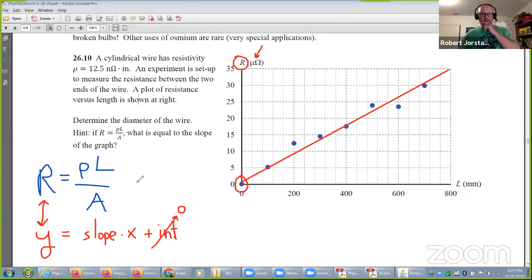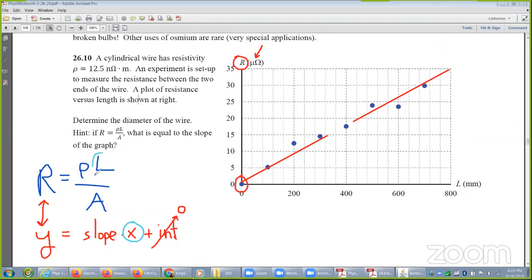Notice that the X, let me get a different color here. X is what up here? Millimeter length. The length in millimeters.